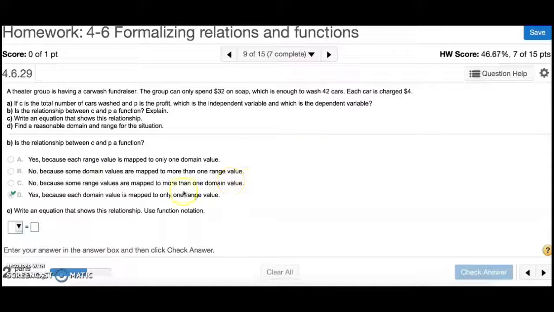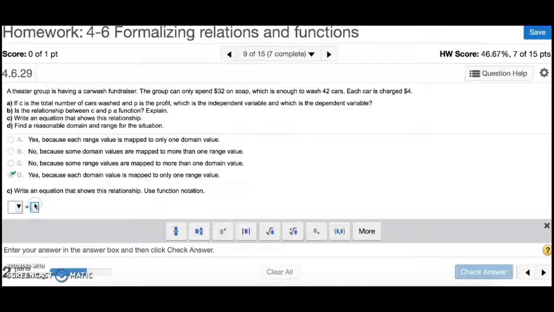We know each car is charged $4, so for C, we've got to use P and C. C representing x, so that goes inside, so C's inside, P on the outside. Now, we are spending $32, so we've got a minus 32.